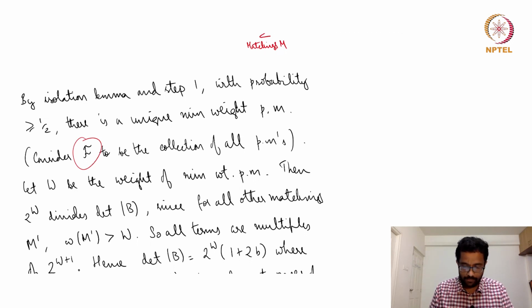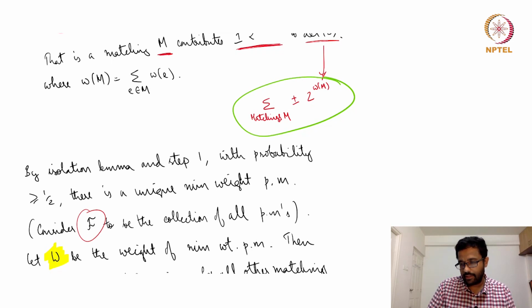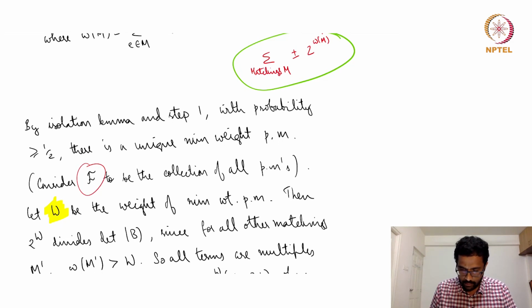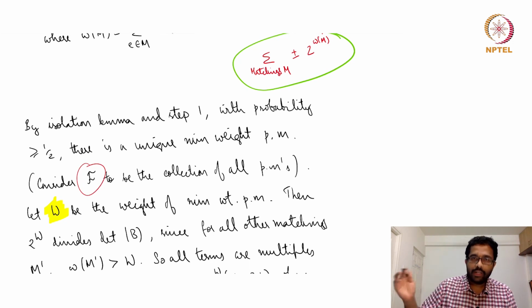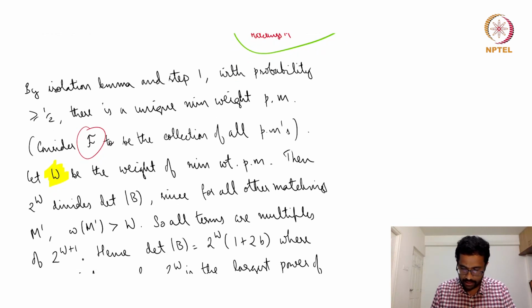Now let W be the weight of the min weight perfect matching, capital W. If you look at this sum that I have circled, it is a summation of 2 power the weight of each matching. Now W is the smallest weight, so let M be the min weight matching, and for all the other matchings M prime, the weight of M prime is strictly greater than W.